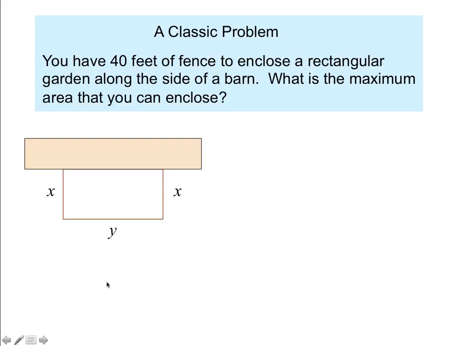A constraint is something that restricts what you can do. In this case, the restriction is that we only have 40 feet of fence. So our constraint function is x plus x, or 2x plus y, equals 40. And then we also have an optimizing function. We'll talk about that in a second. What I did here is I solved for y: y equals 40 minus 2x.